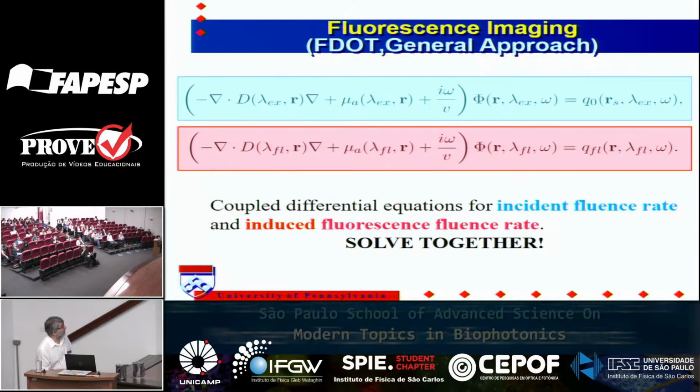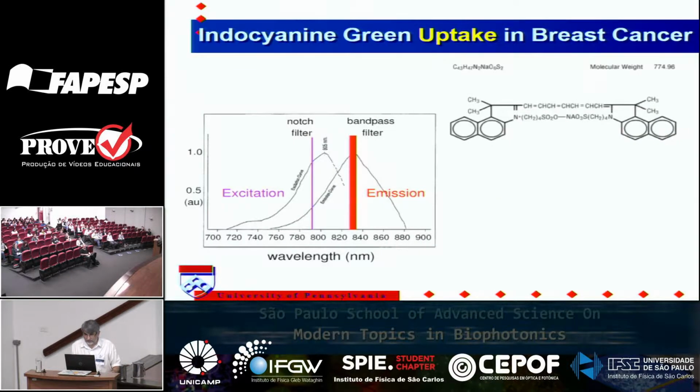So you have to first figure out what is the distribution of this photon fluence rate at the excitation wavelength in the breast. And then you use that as a source, in the source term in this equation here, to figure out what's the fluence rate at the emission wavelength that's going to be detected on the surface. And so we have to do this together. So it's non-trivial, but doable.